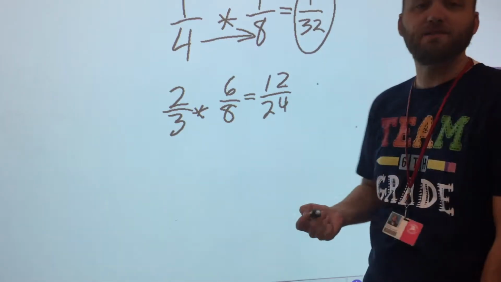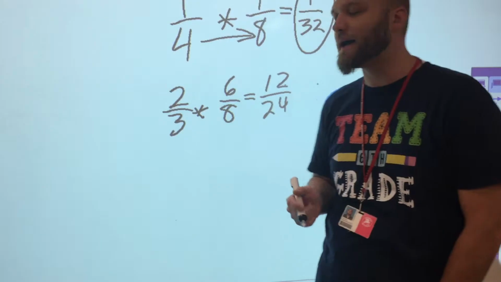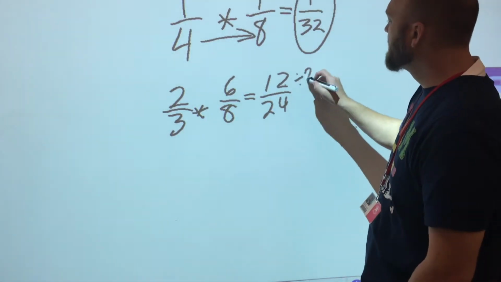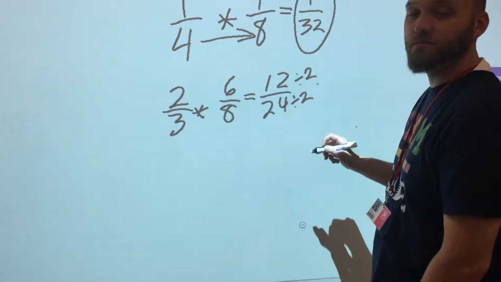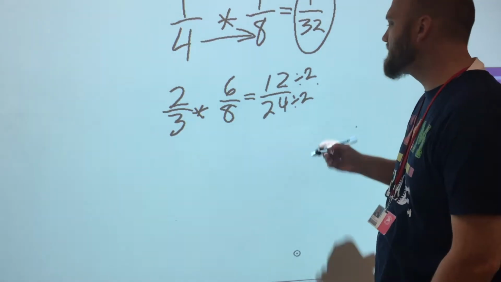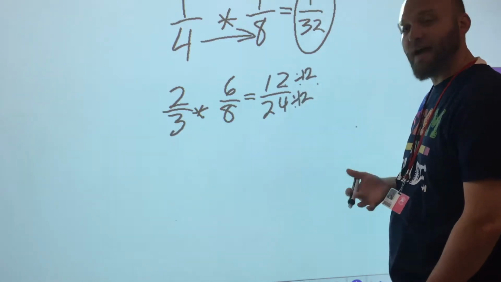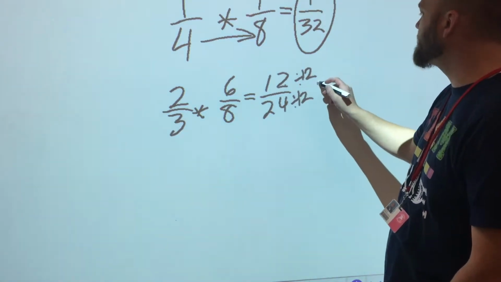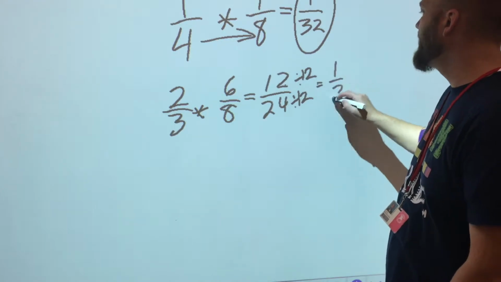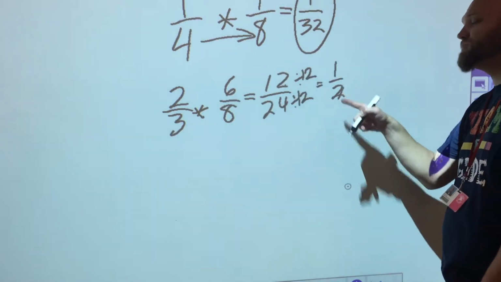And the answer is yes. As far as I'm concerned, anytime you can simplify, you should simplify. I would simplify this by dividing them both by 2, and I could get 6/12 and keep going from there, or realize that the greatest common factor of 12 and 24 is 12 itself, and then I end up with 1/2. So 2/3 times 6/8 is 12/24, which simplifies to 1/2.